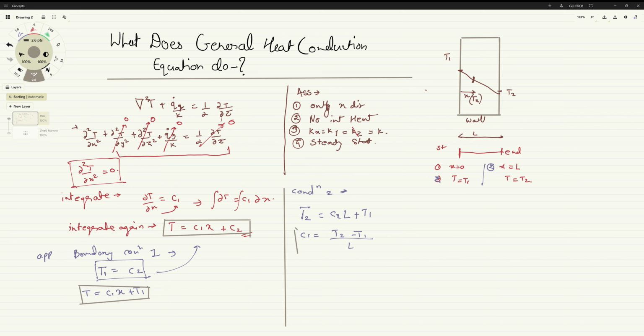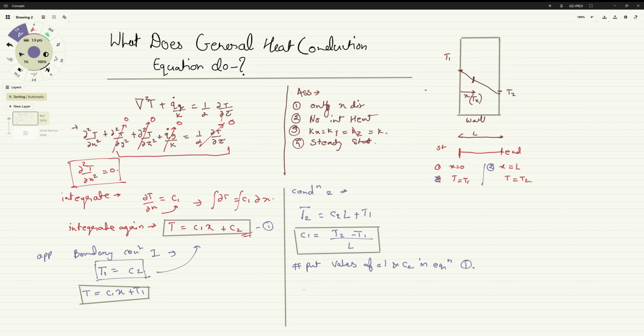Now we have the value of C1 and the value of C2. We can put them in the equation and find the change in temperature. Put the values of C1 and C2 in equation 1.